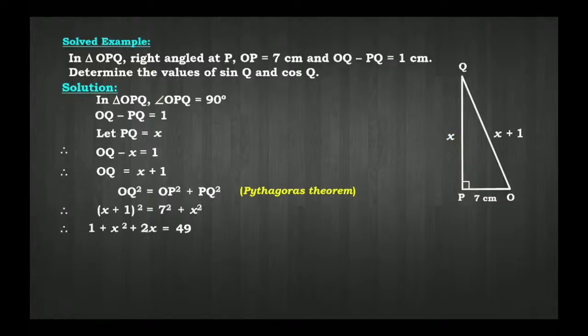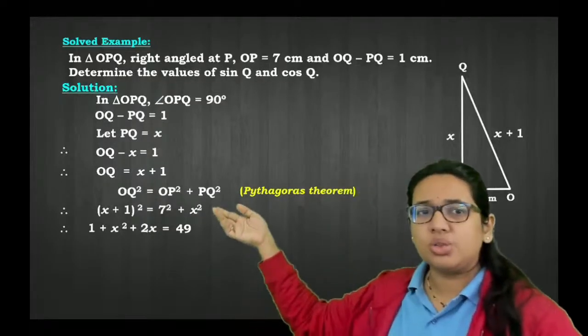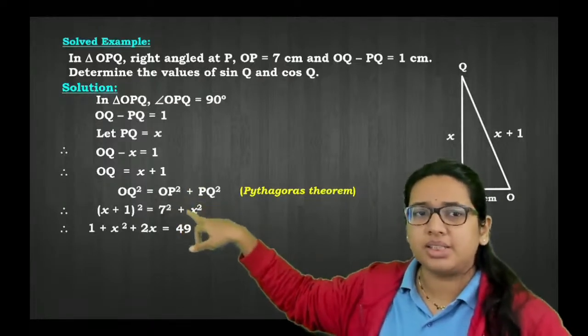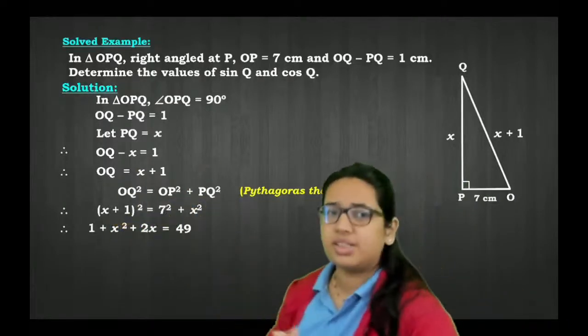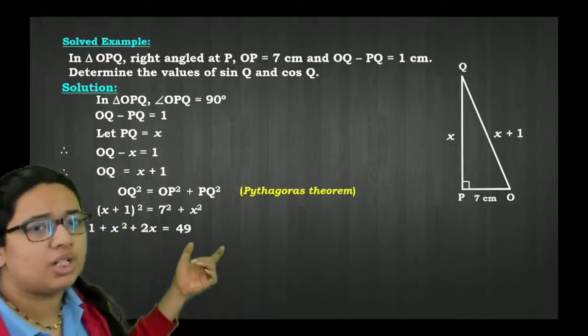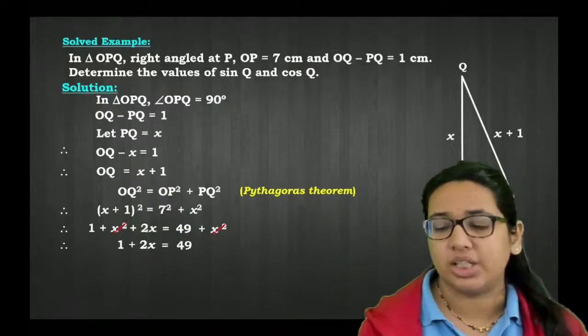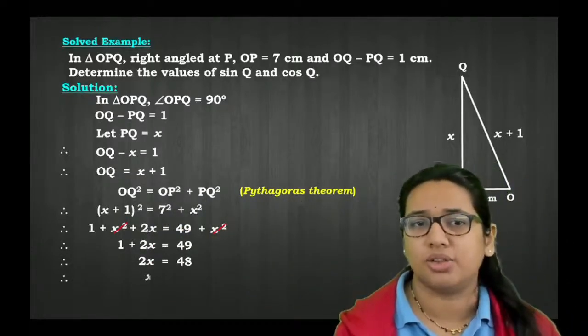क्या मिलेगा देखो, पाइथागोरस थ्योरम का आप यूज करोगे, hence OQ square equals OP square plus PQ square, that is 7 square plus x square, but x plus 1 whole bracket square can be written as x square plus 2x plus 1 equals 49 plus x square. X square will get cancelled and you will get 2x as a whole digit.